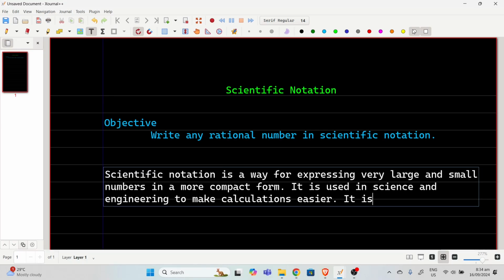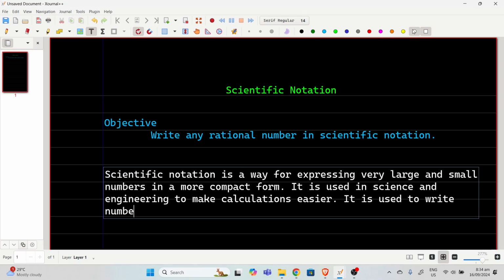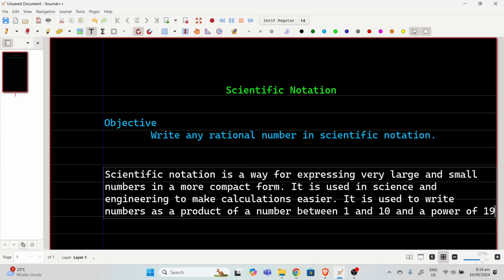It is used to write numbers as a product of a number between 1 and 10 and a power of 10. Good. So that is what scientific notation is.